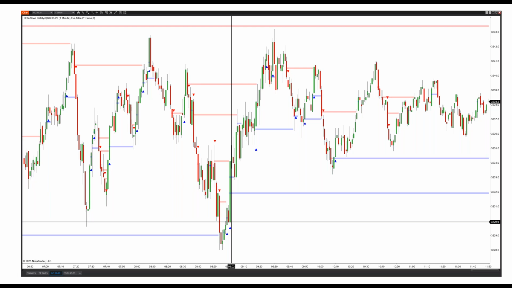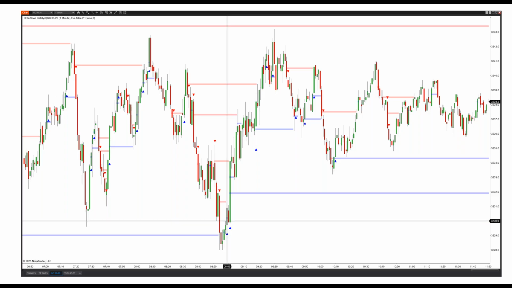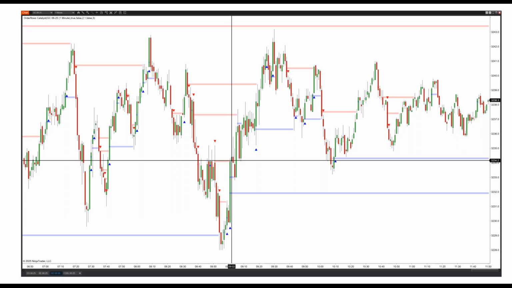I would use a range-based chart simply because then it's doing the analysis based on price movements in the bar, as opposed to time. You can still look at a time-based chart, but with these more volatile markets, we're just trading back and forth up and down. It seems to make you want to pull your hair out when you're looking at a footprint sometimes. Using a range-based chart does help out a bit.